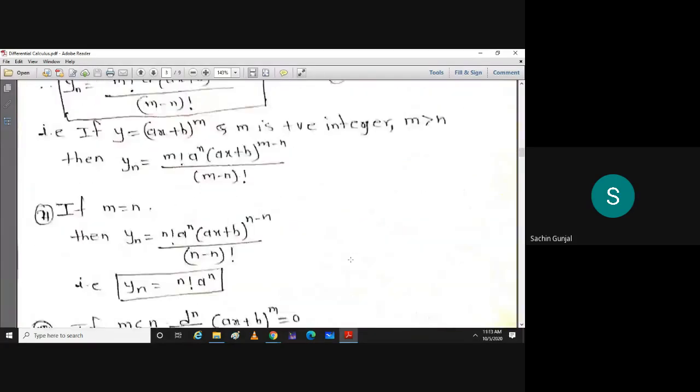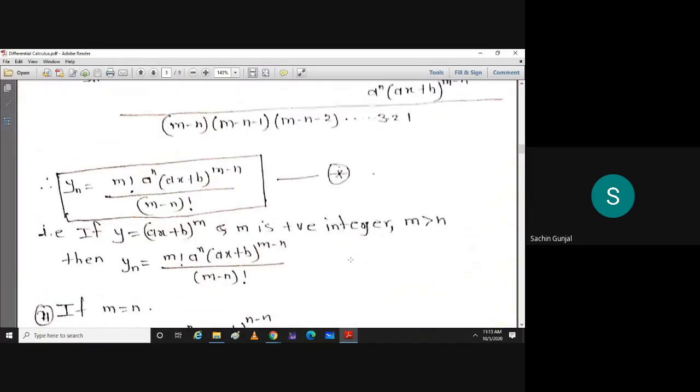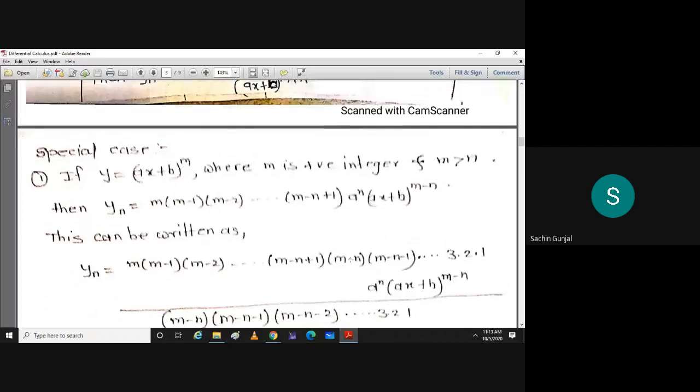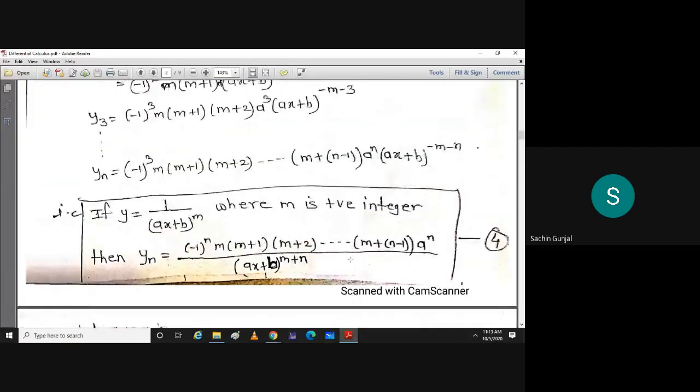If y is equal to 1 upon x plus b raised to m, then you substitute m is equal to 1.